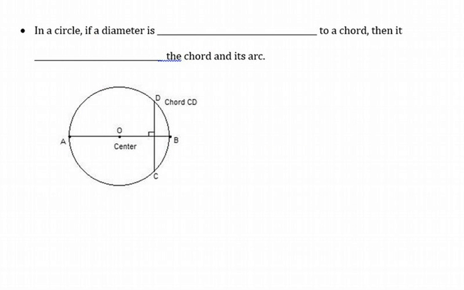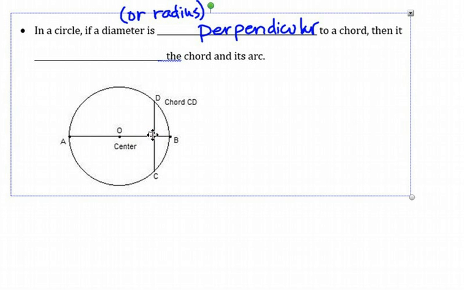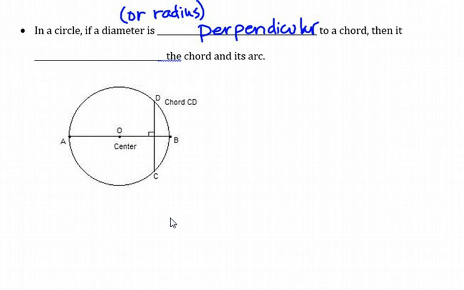The next property says that in a circle, if a diameter, or a radius, it could be either or, is perpendicular to a chord, and we have that right there in the center, you see they're perpendicular, then it bisects both the chord and the arc.